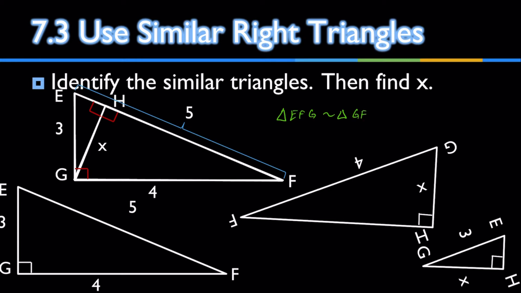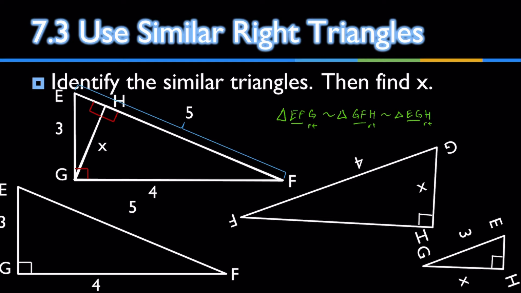And the right angle is G. So the right angle of the medium triangle is H. The hypotenuse of the little one is EG. And the right angle is H. So I had the hypotenuse and then the right angle. Hypotenuse, right angle. Hypotenuse, right angle.